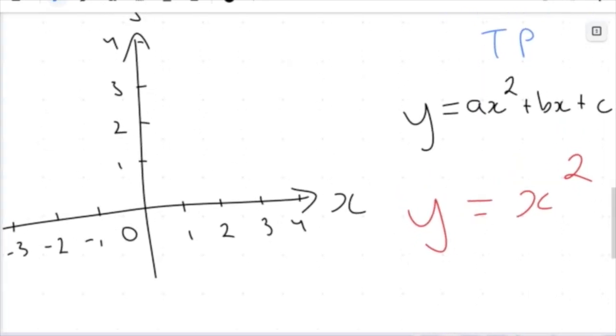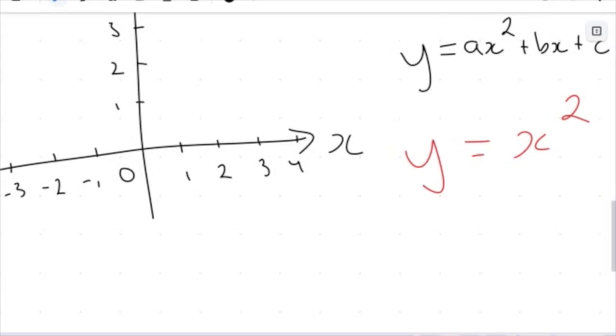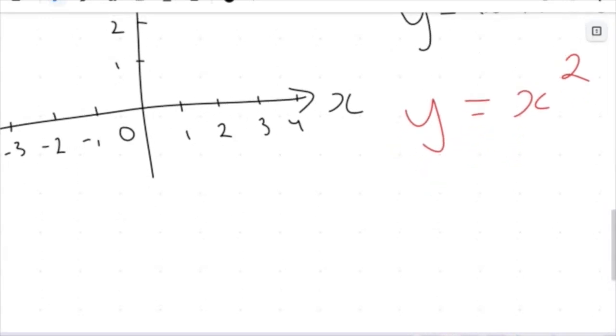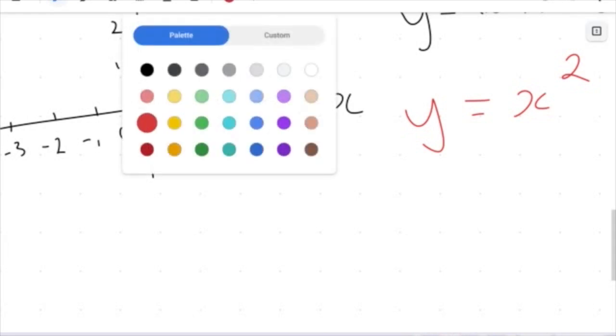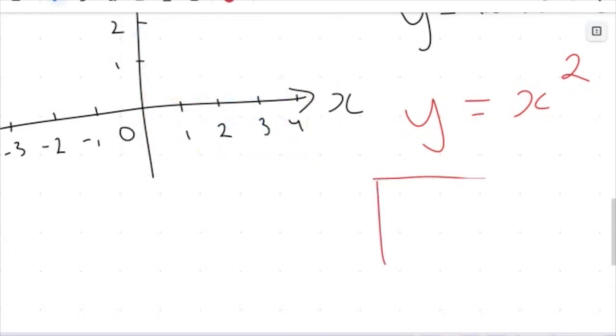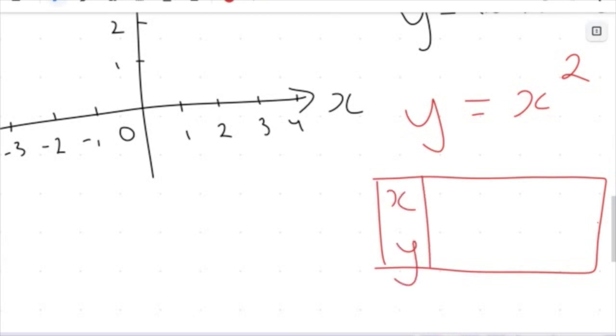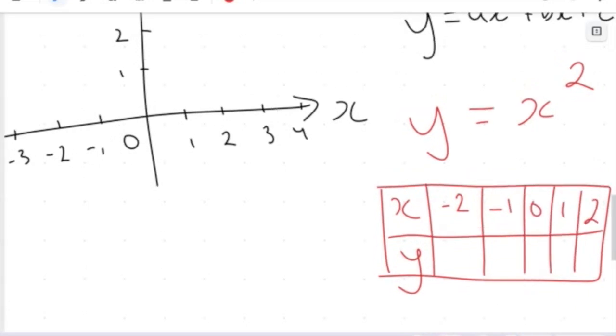So think back to linear relationships. When we wanted to draw some kind of linear relationship, we plugged in a couple of values into what we called a table of values. So we looked at different values of x, and we saw what would get spat out with the y value once we put that into the equation up here.